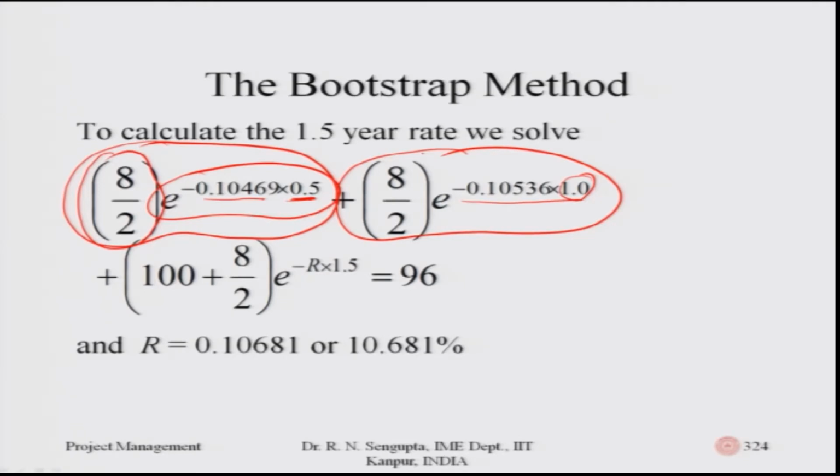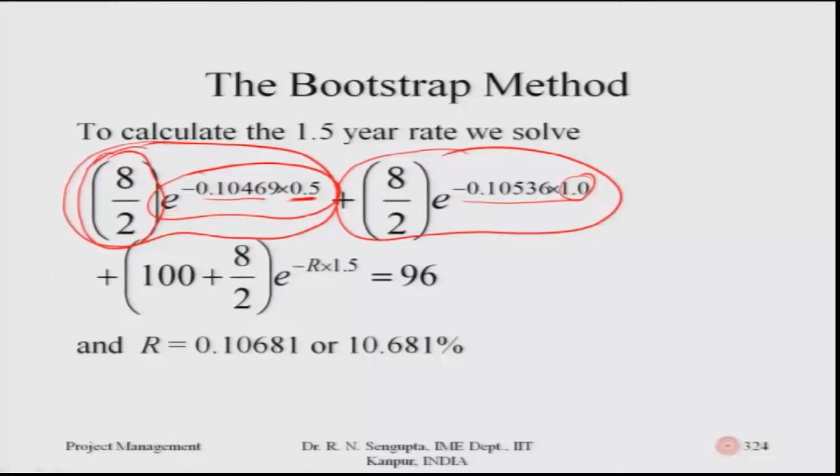Now, the last term which you have to find out on the equality side is, given the fact that the value was 100 rupees, that you will get back plus the interest. So, what is the interest? Again the answer is 8 by 2, because it is being paid after each 6 months. So, for the 1.5 years time period, first 6 months this is the value you have got, next 6 months this is the value which you have got.